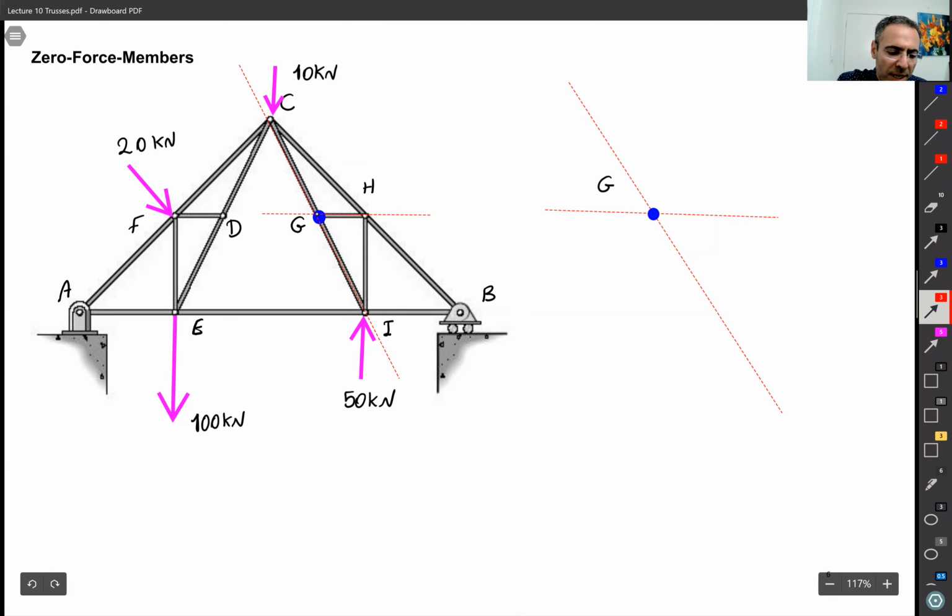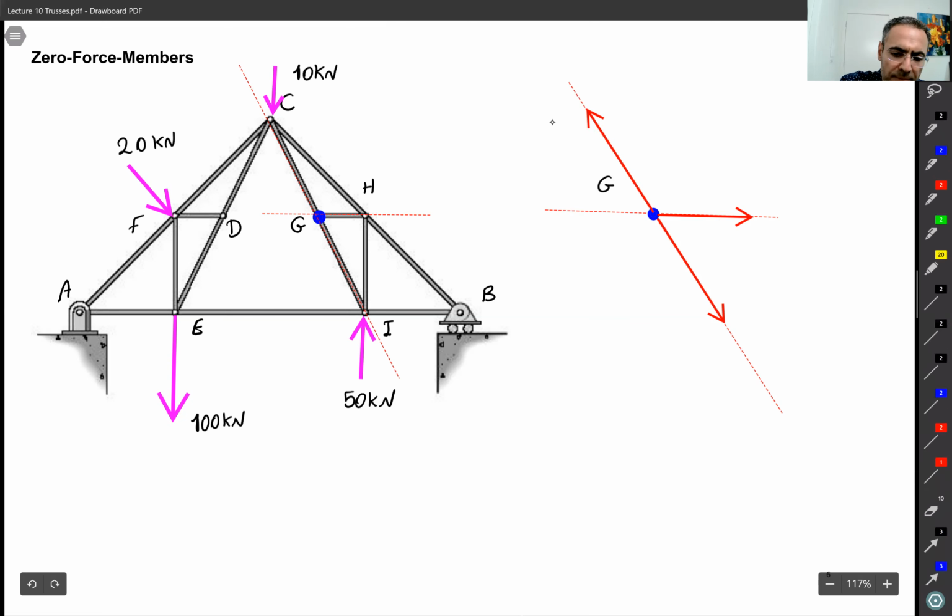So I know that GH is a two-force member, and a two-force member applies load in the line of action GH. And I know GI is a two-force member, and I know GC is a two-force member. And again, you see, I assume that all these members are under tension. They try to pull this point G. Remember the two-force member from the previous lecture?